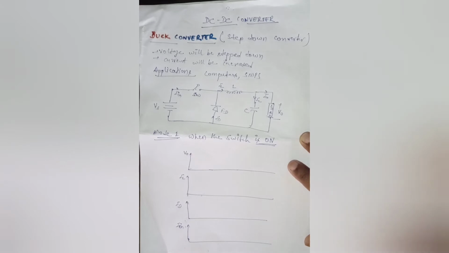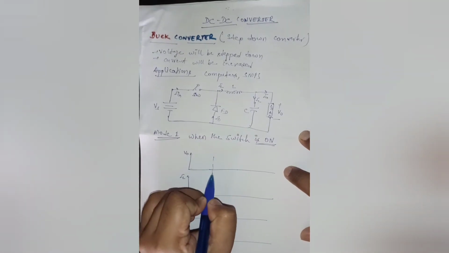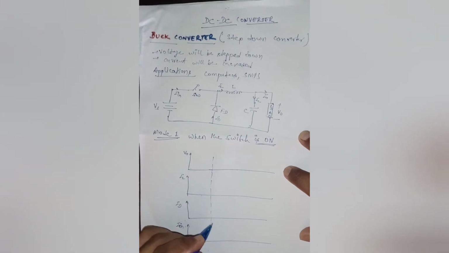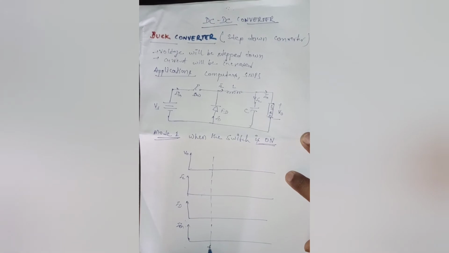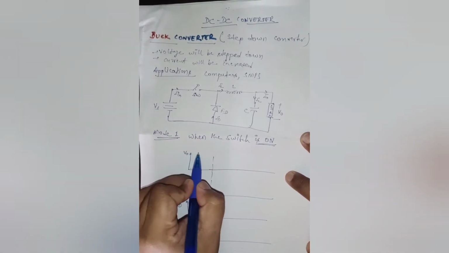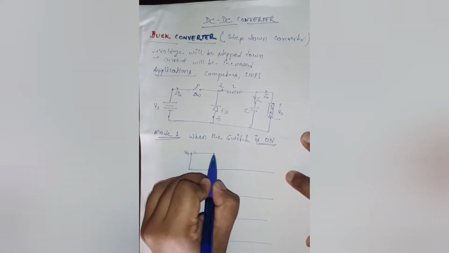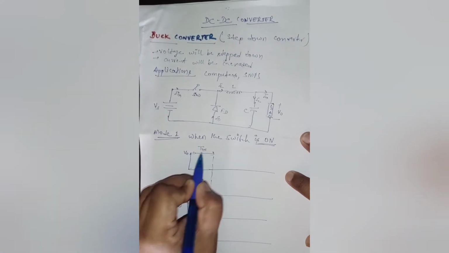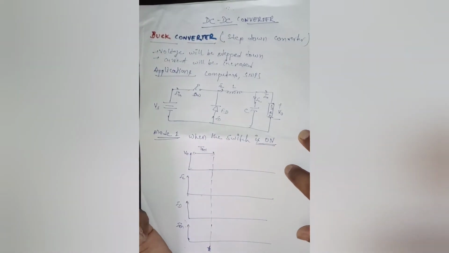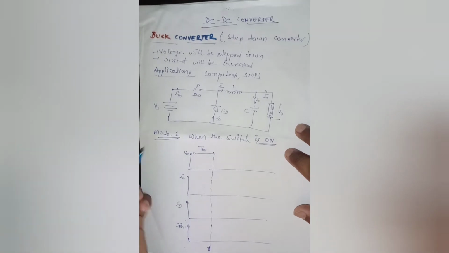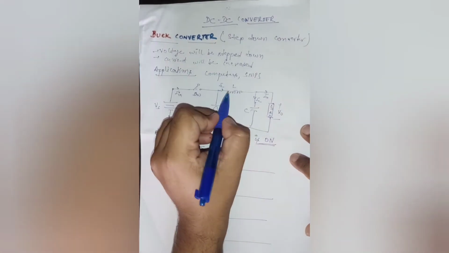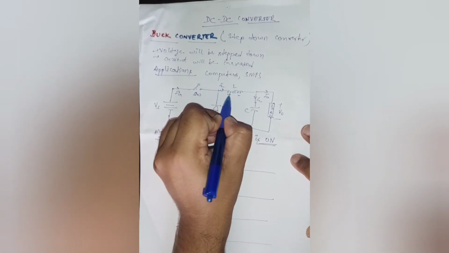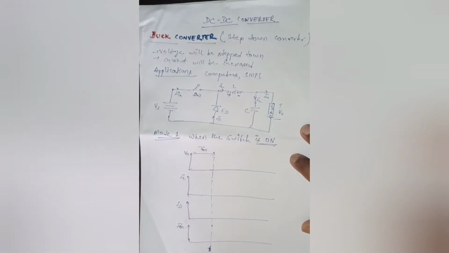Okay, so when the switch is on, what will happen? The switch is on till here, till T1. The switch is on for the T on time period. What will happen when the switch is on? This input current will charge the inductor plus to minus.